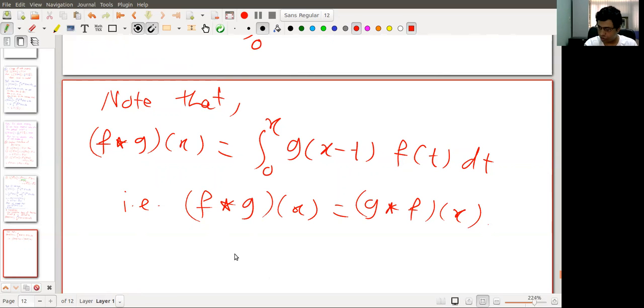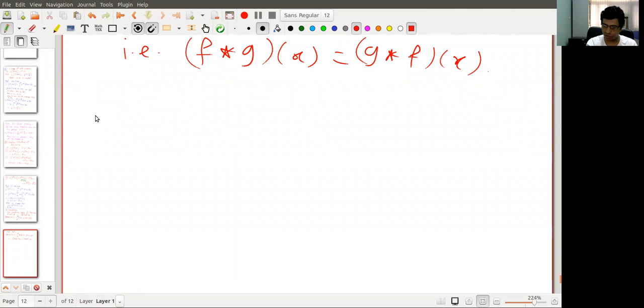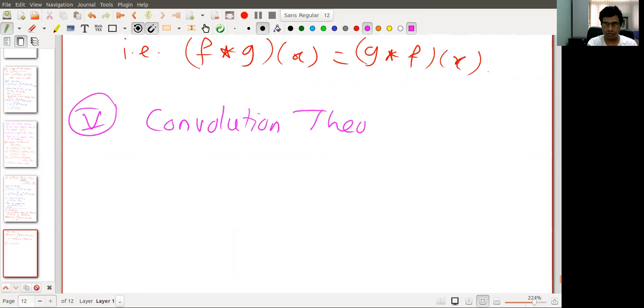Now the convolution theorem, an important property of Laplace transform. The fifth property is the convolution theorem.